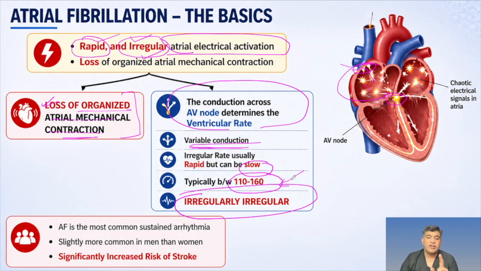Atrial fibrillation is an arrhythmia that presents with irregularly irregular contractions. Now AF is the most commonly occurring sustained arrhythmia, slightly more in men in comparison to women, and it significantly, mind the word, significantly increases the risk of stroke.